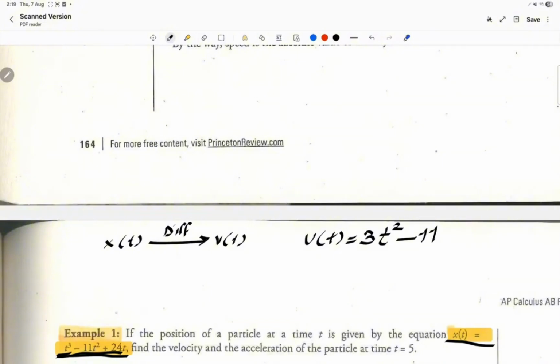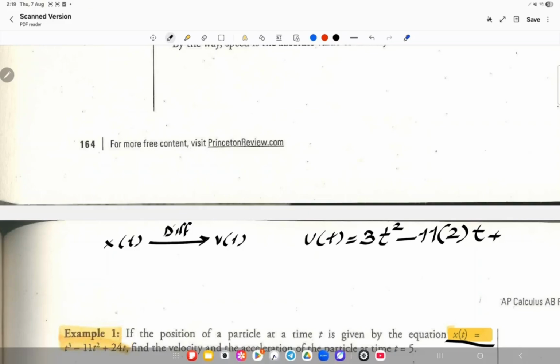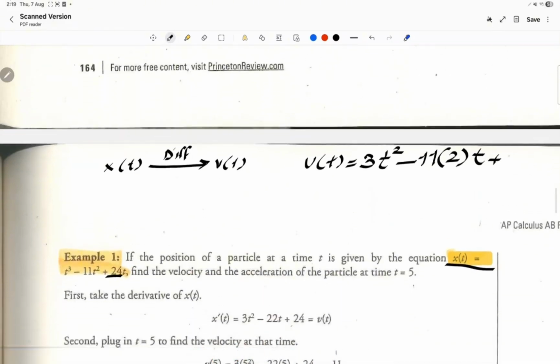T squared. The 2 does what? Goes down. How about the power? What's 2 minus 1? 1. So I write no power because no power means a 1. Plus 24 stays the same. And whenever we differentiate a letter with a power of 1, the letter disappears. Now you're going to have v of t is equal to 3t squared minus 22t plus 24.